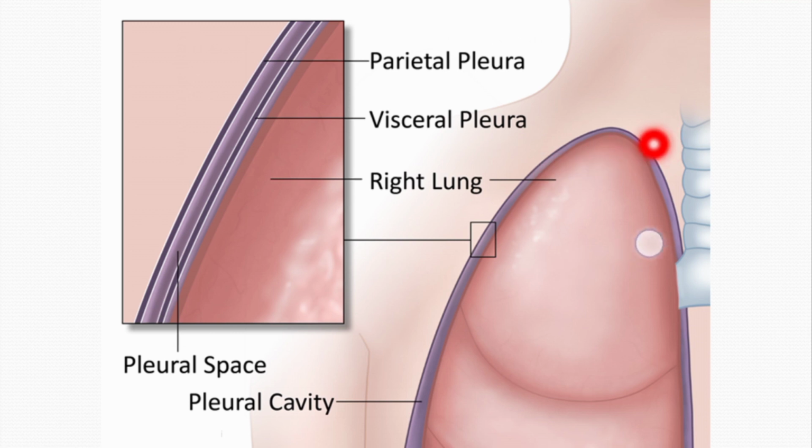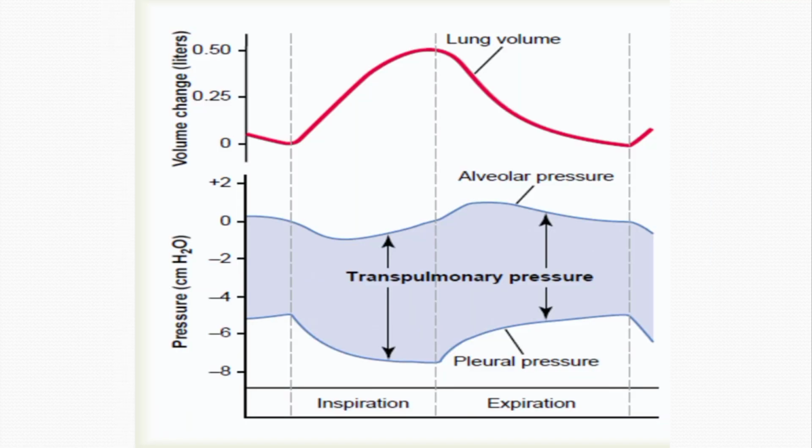In between these two layers there is a very minute space or potential space or cavity which is called pleural cavity. This pleural cavity is filled with the fluid, and this pleural fluid exerts a pressure which is called pleural pressure.